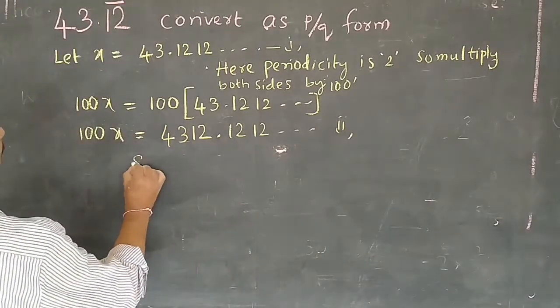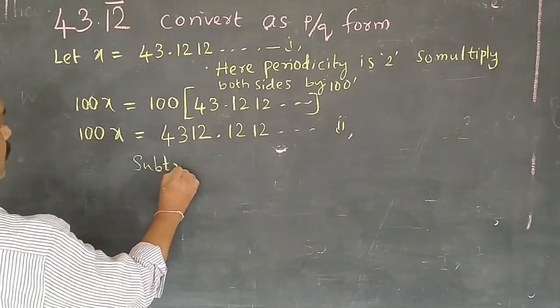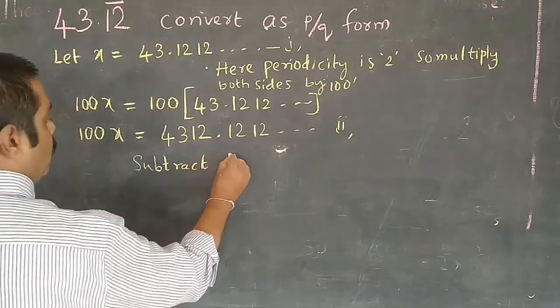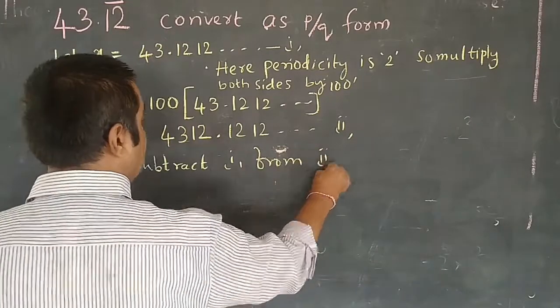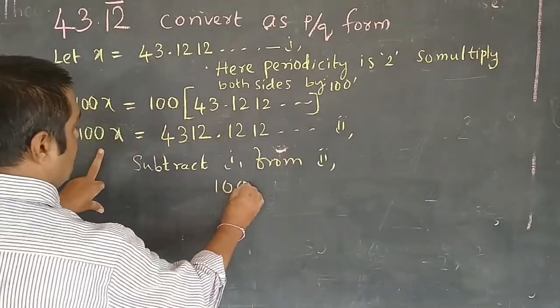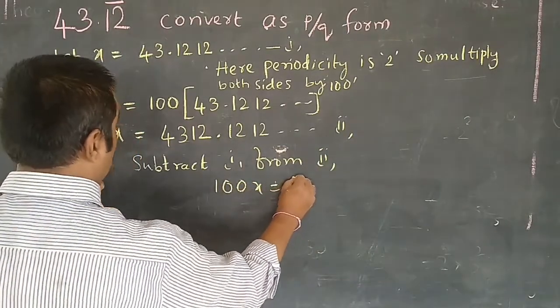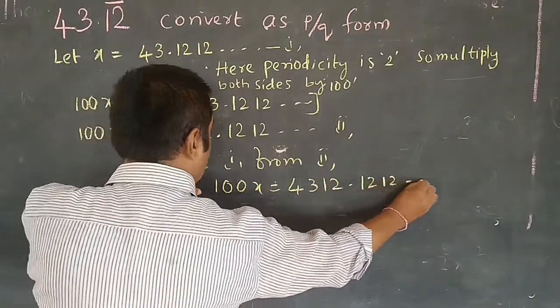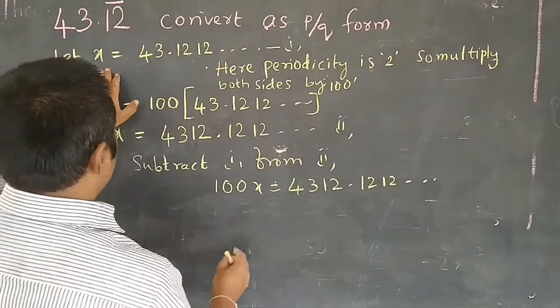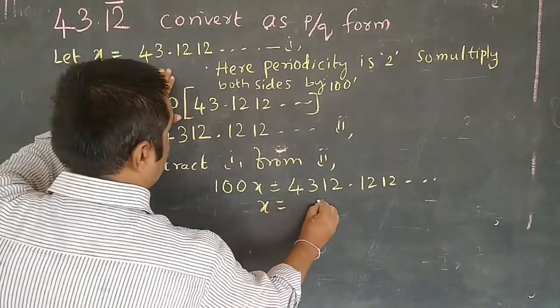Now subtract first from second. You write the second, that is 100x is equal to 4312.1212, and so on.